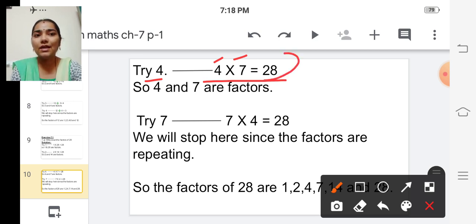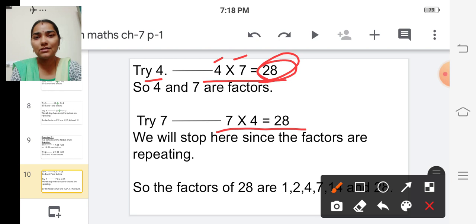And will 28 come in the fifth table? No, isn't it? 5 5s are 25 and 5 6s are 30. So 28 will not come in the sixth table. So take the seventh table. 7 4s are 28.